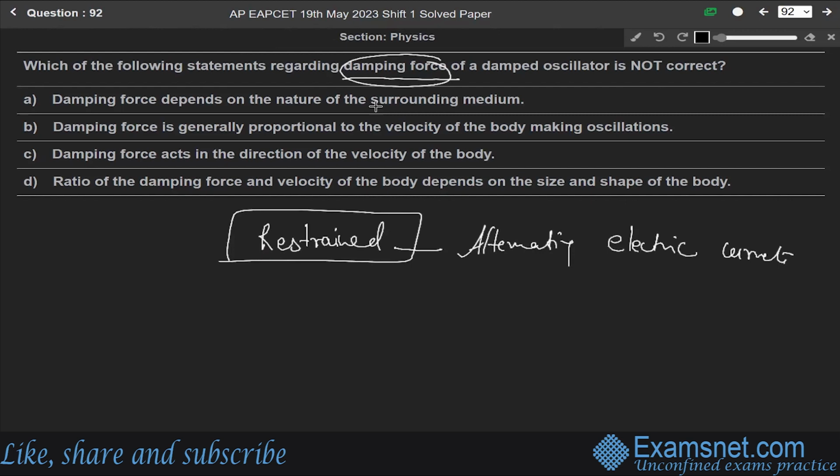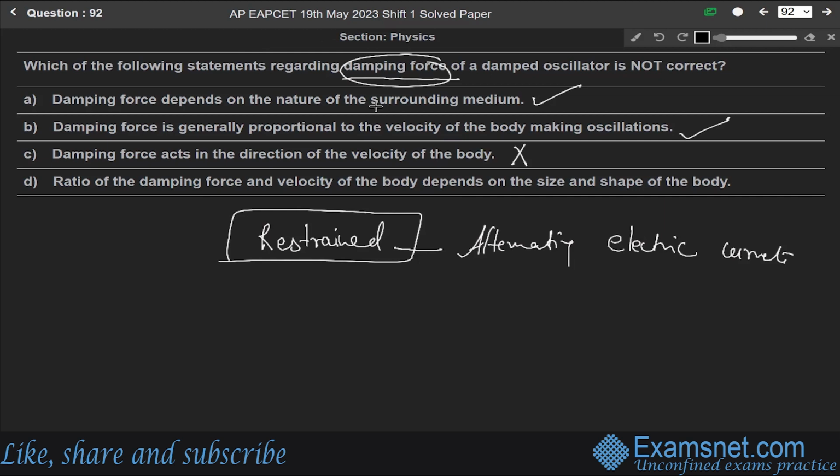From these four statements, statement 1, that damping force depends on the nature of the surrounding medium, is correct. The second, damping force is generally proportional to the velocity of the body making oscillation, is also correct. The third one, that damping force acts in the direction of the velocity of the body, is wrong, as the damping force of an oscillator is always opposing the motion.